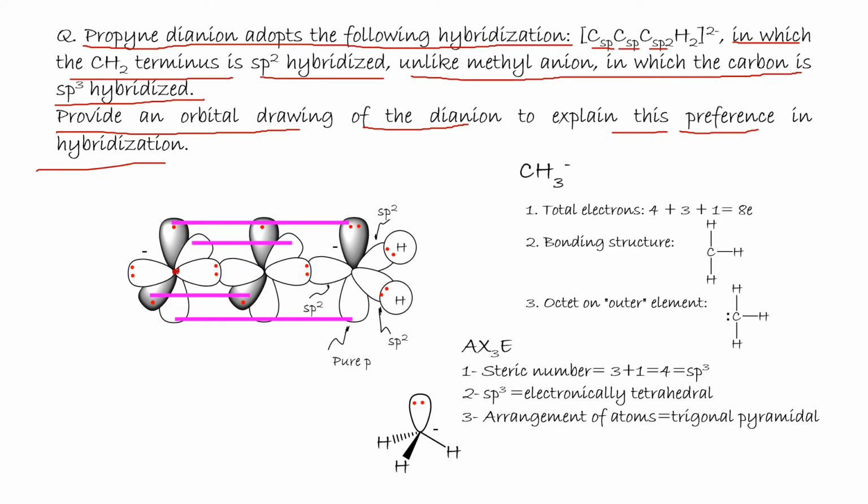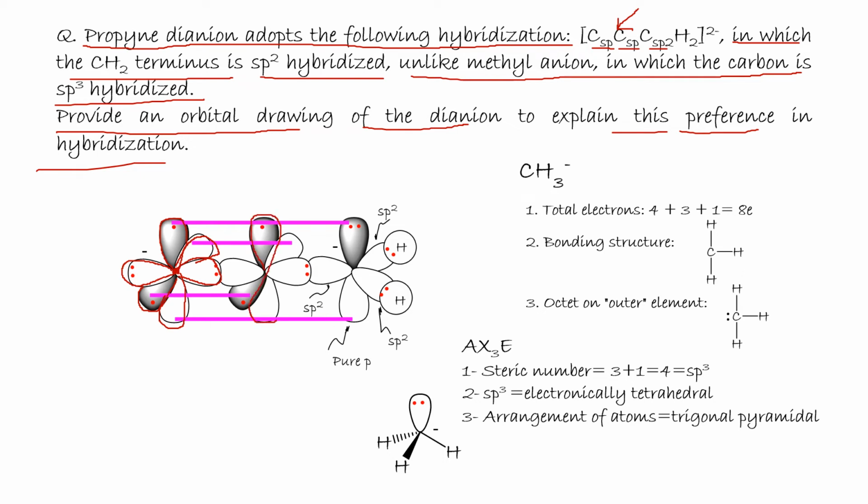This carbon is sp, so we have 2 pure p and 2 sp orbitals. This carbon, again sp, so we have 2 pure p's.